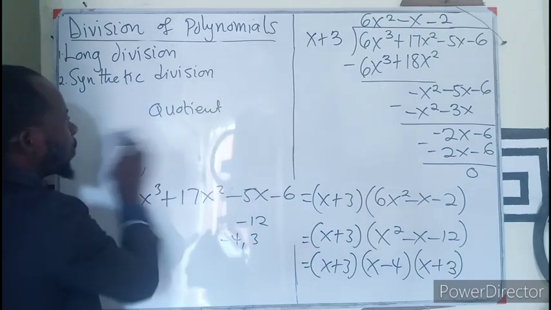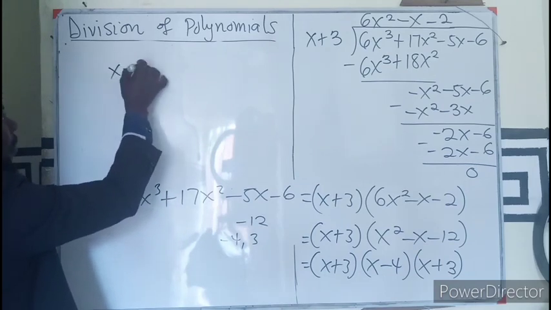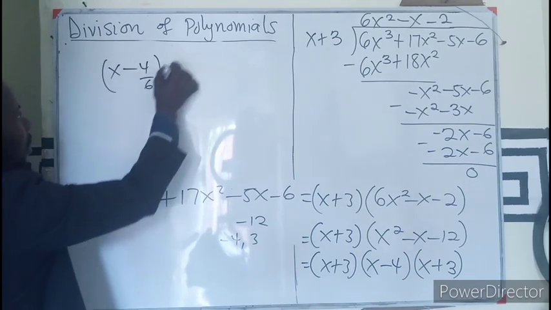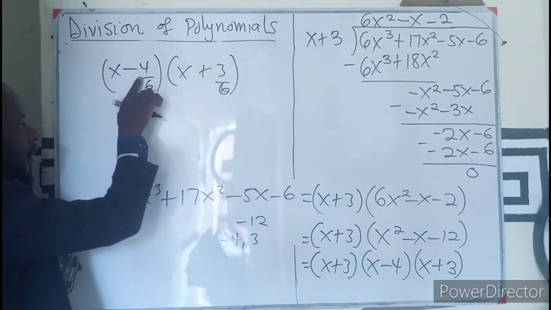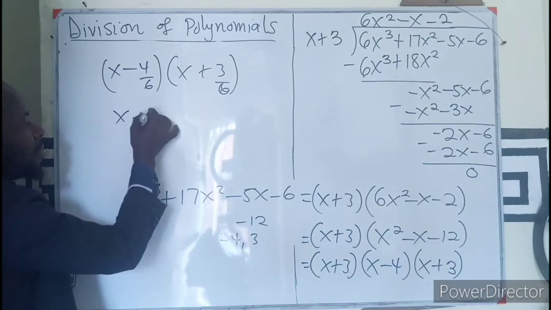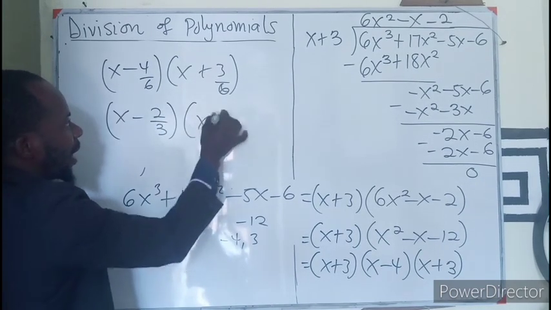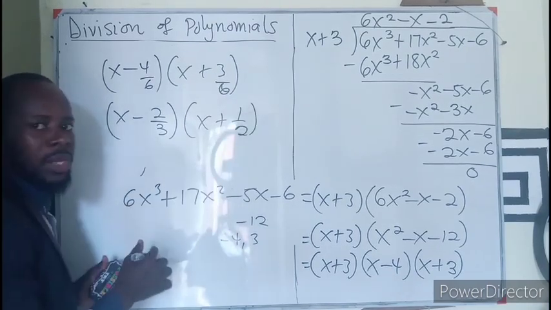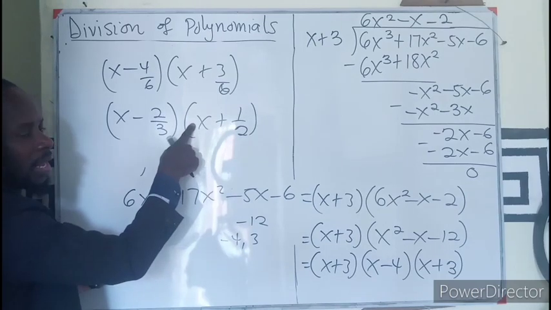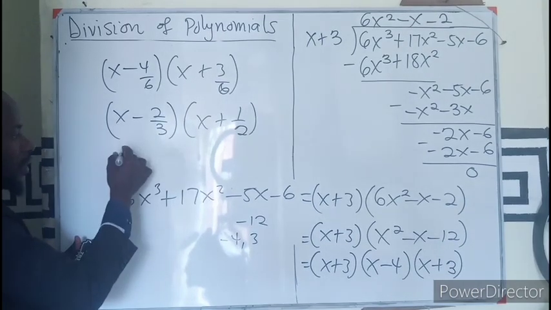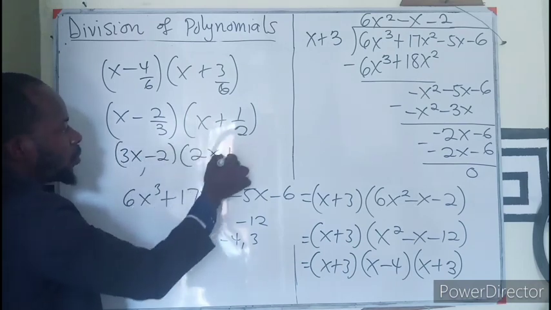So from that, if I do that, it's going to be x minus 4 over 6, x plus 3 over what? 6. Per division, this will become x minus 2 over what? 3. x plus 1 over what? 2. Since we can't have a fraction here, we multiply through by 2, meaning these 2 will shift to the coefficient, these 3 will shift, meaning 3x minus 2, 2x plus 1.